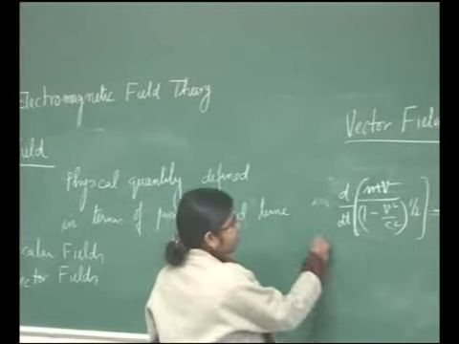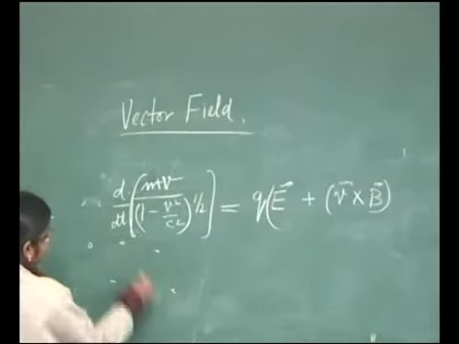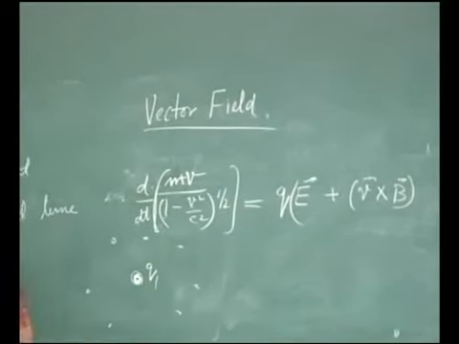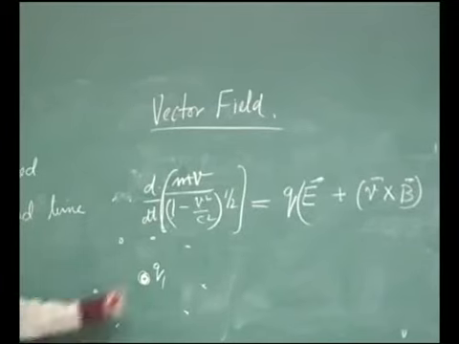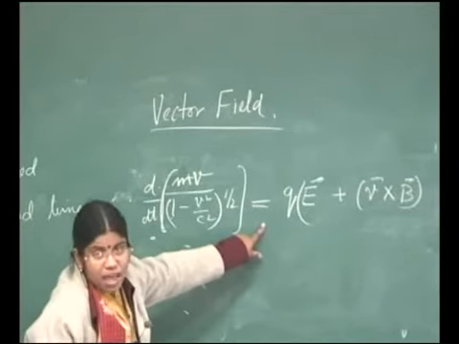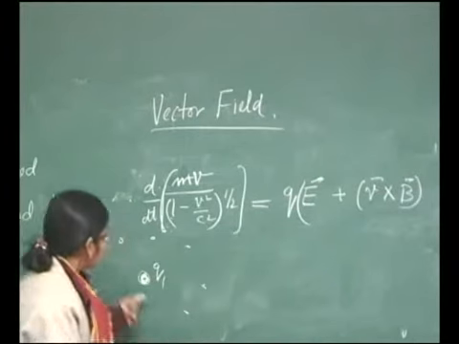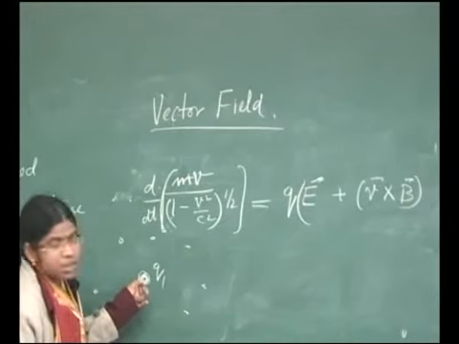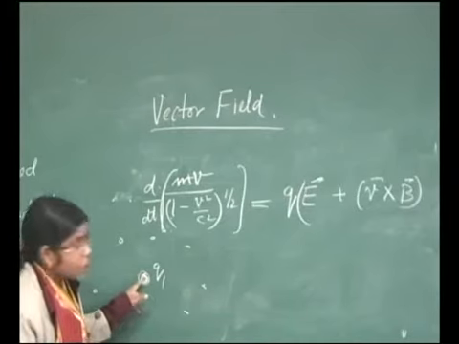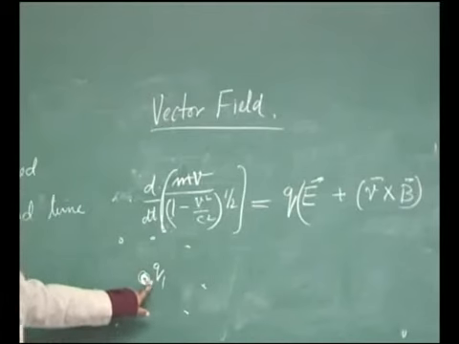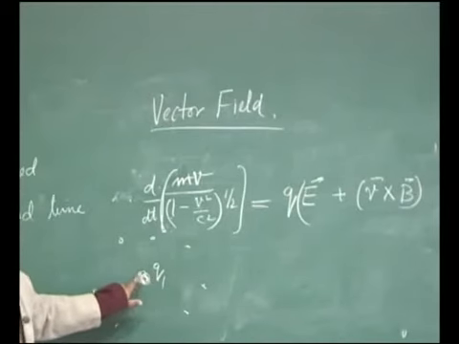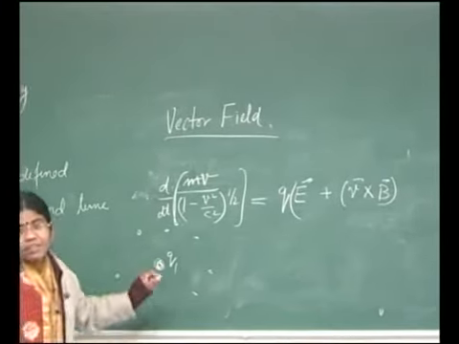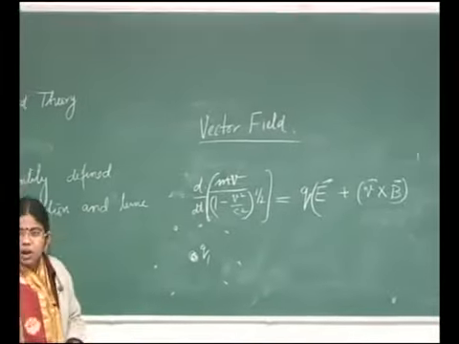If I have an infinite number of charges distributed in a space and I am interested in some charge q1, then this force is only defined by the velocity of this particular charge at this position, the electric field experienced by this charge at this position, and the magnetic field experienced by this moving charge at this position. So at a time it is only an individual charge that matters, not the whole set of charges.